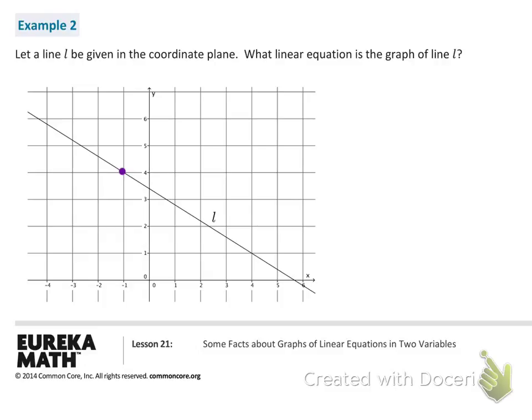I see one there, and hopefully you're looking for the next one. It's right down here. So let's write the coordinates of those points. We've got 4, 1, and we've got the point -1, 4.